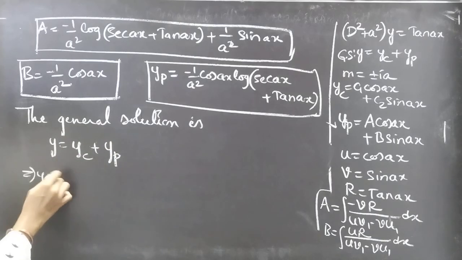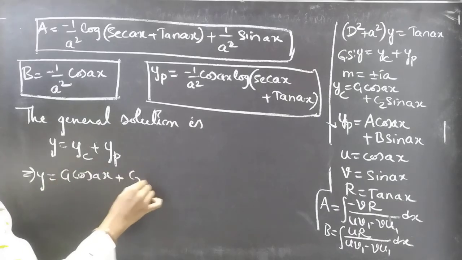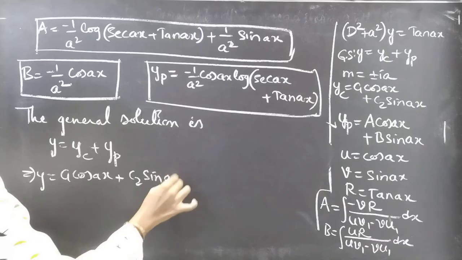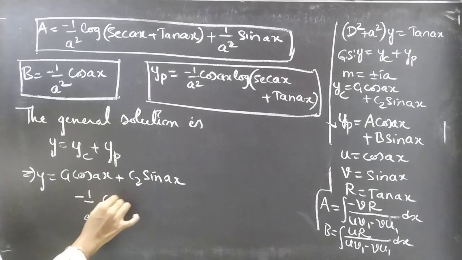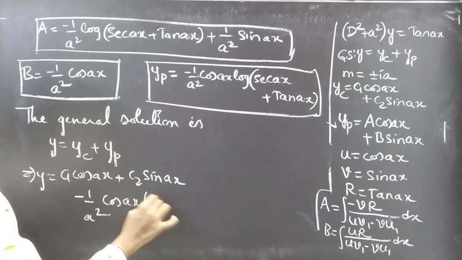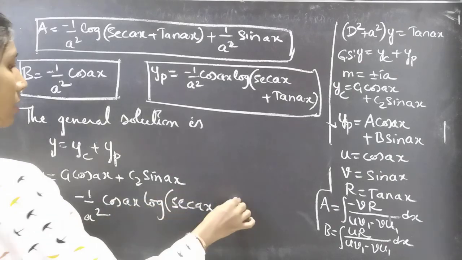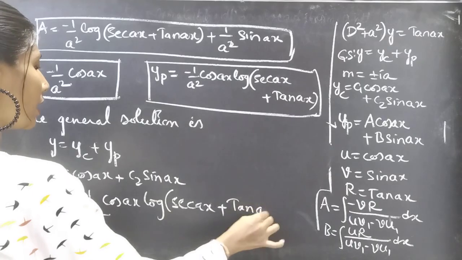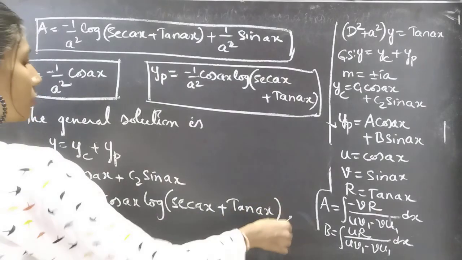Then y equal to yc, c1 cos ax plus c2 sin ax, and yp is minus 1 by a square cos ax log of secant ax plus tan ax. This is the required solution.